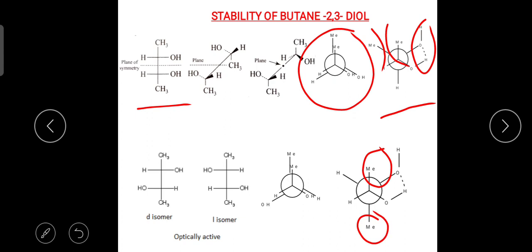Therefore, the repulsion between these two methyl groups is lower compared to the meso form. So we can say that for butane-2,3-diol, the optically active forms, that is the D form or L form, are more stable compared to the meso form. So this is the stability of butane-2,3-diol. So I think for today this is enough, and thank you.